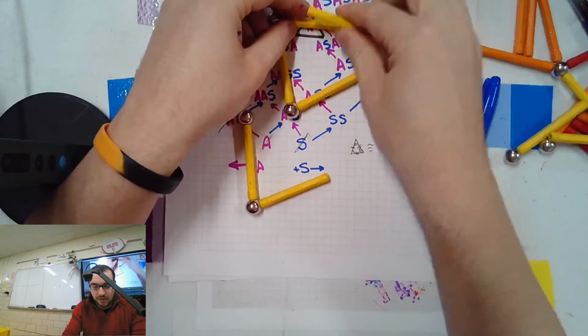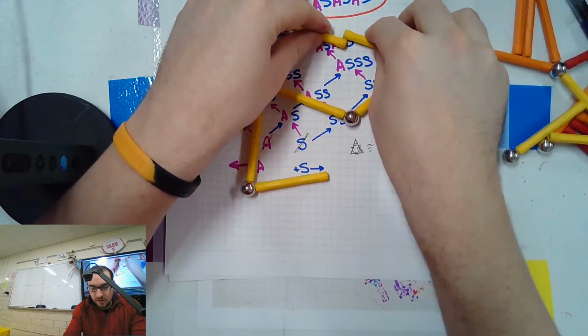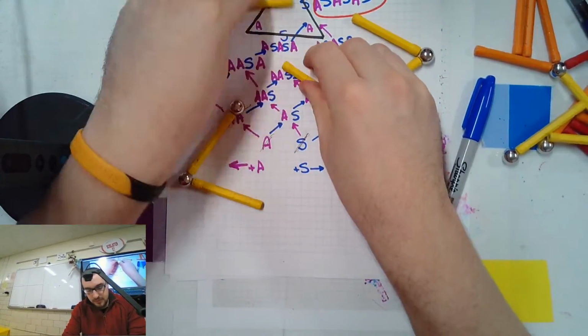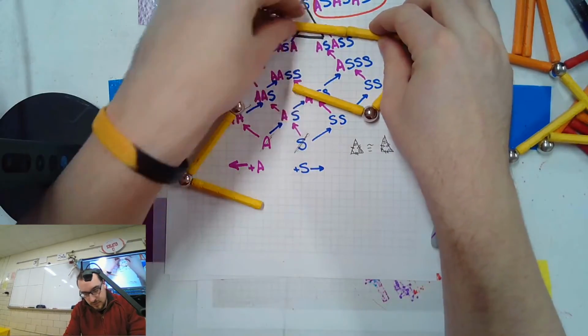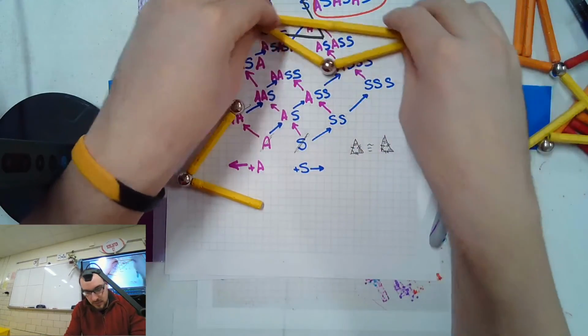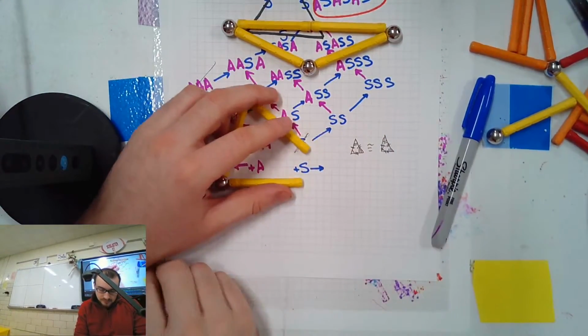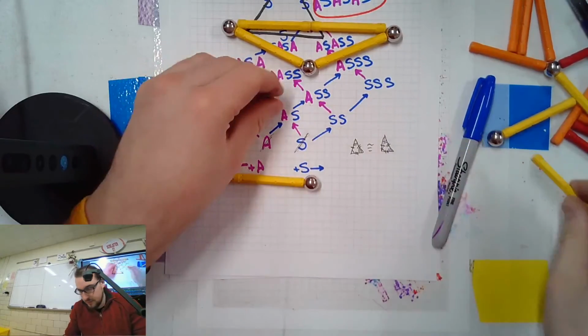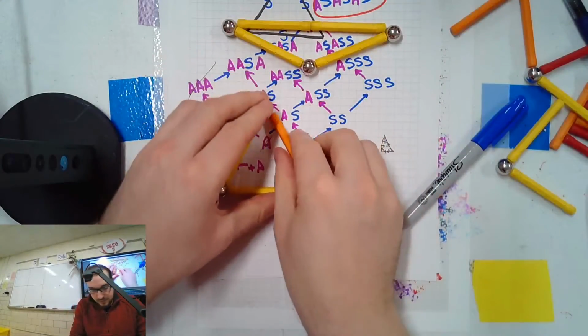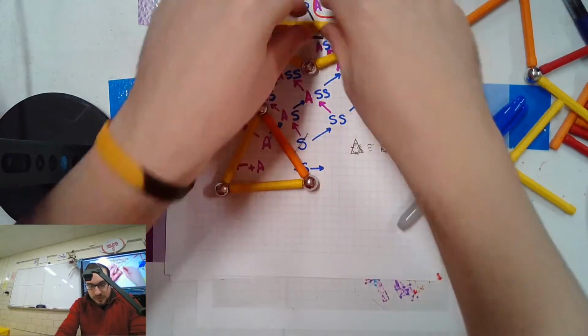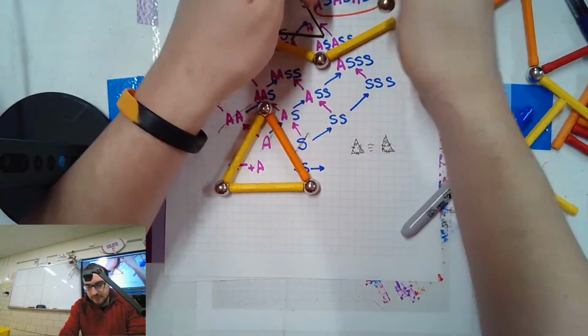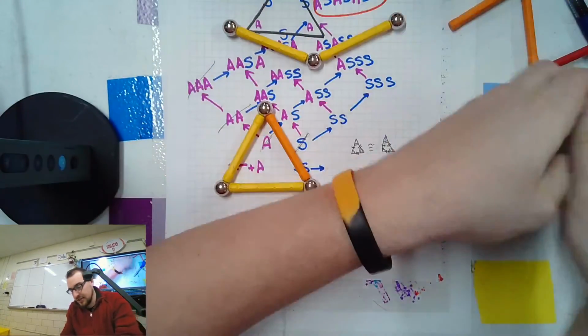Can't I have one triangle that looks like this? It's kind of gross, but. And then one triangle that looks like this? Maybe I should switch colors on here. So the yellow sides are the congruent sides, if you can't tell just by size.